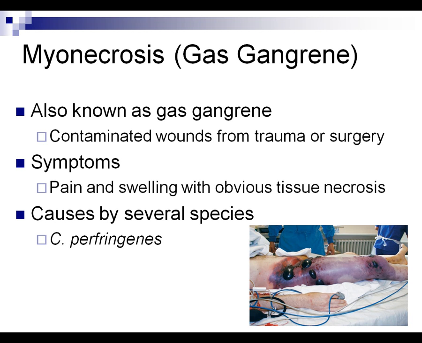So a lot of gas is produced, and you can see in the picture that the infection is occurring under the skin, and the anaerobe is producing a lot of gas, and it's actually making the skin swell up into these bubbles, and the tissue is black, right? That's one of our key characteristics for anaerobes. And if you could be in that room, it probably smells awful. And that's another clue that an anaerobe is causing the infection.